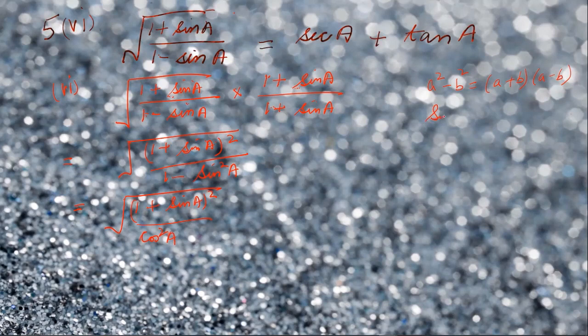As you know the identity, sin square A plus cos square A is 1.